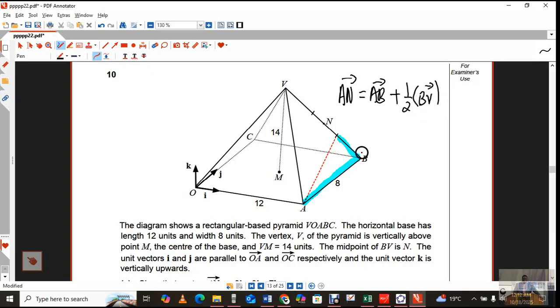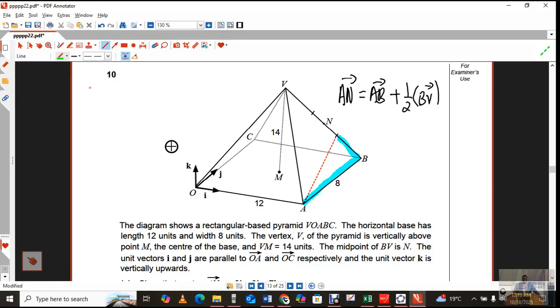So if I can find what BV is, I can definitely use that to find AN. So before I do anything, I will find VB. And then to go from VB, I will need a couple of things.